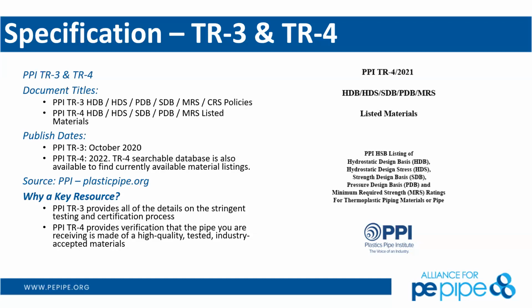It's polyethylenes, vinyls, PVDFs, polyamides, anything that's used in a pressure pipe will have a listing in this document. So it's a very valuable document to see where we are with the industry and that all of these materials you are using in your application have gone through this extremely stringent process and met all the long-term requirements to show it's going to give a very long life in a pressure piping application.